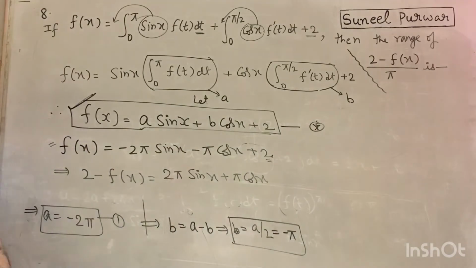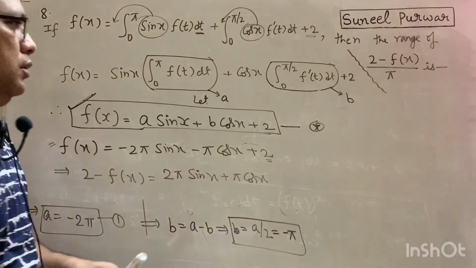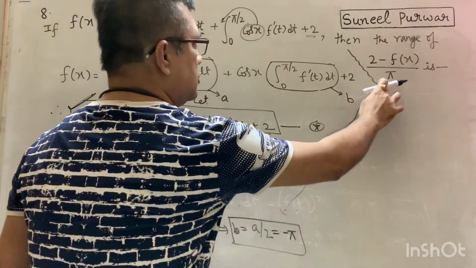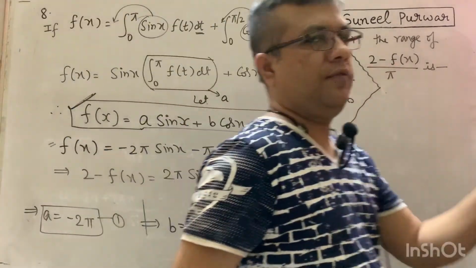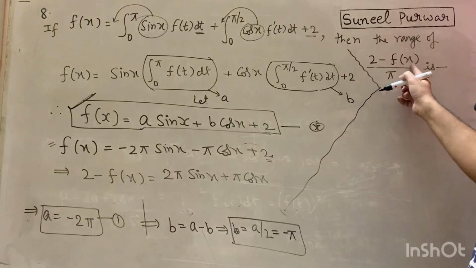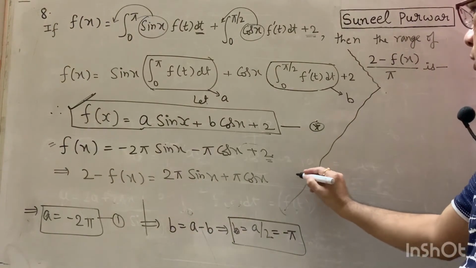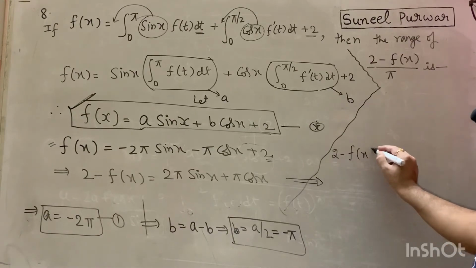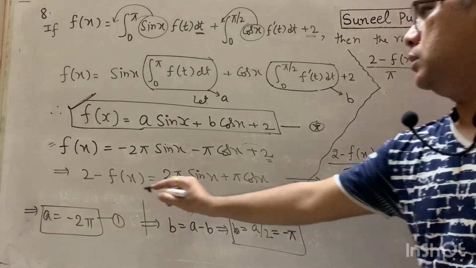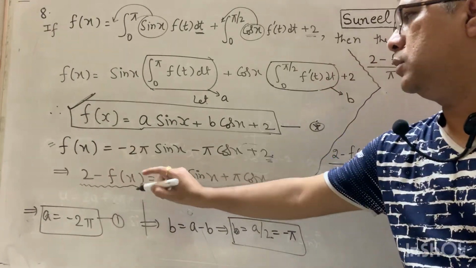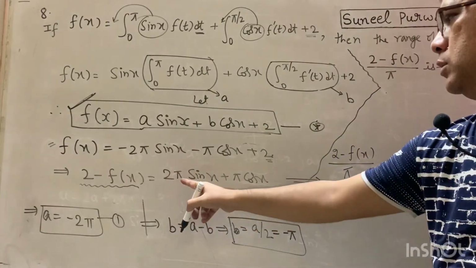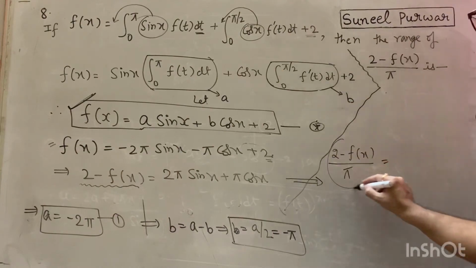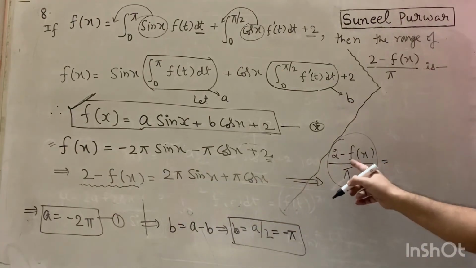Now let's go back to the function whose range we are supposed to find. What is that? 2 minus f of x upon pi. This is 2 minus f of x, whose value is 2 pi sin x plus pi cos x. So this whole thing will become further divided by pi.